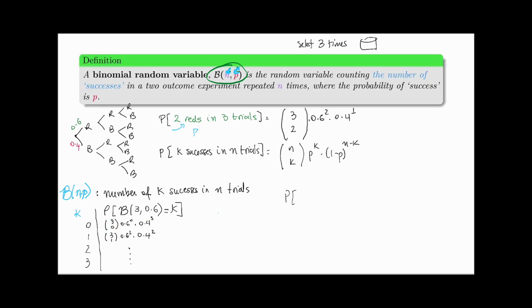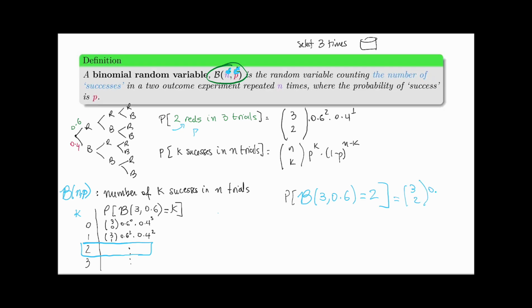So before, when we were calling it x, we were doing it like this. But because we baptized it, now what we're asking is, what's the probability of B(3, 0.6) equal to, I don't know, 2? If I want to answer this, I have to go here, find the 2, and use the formula, right?